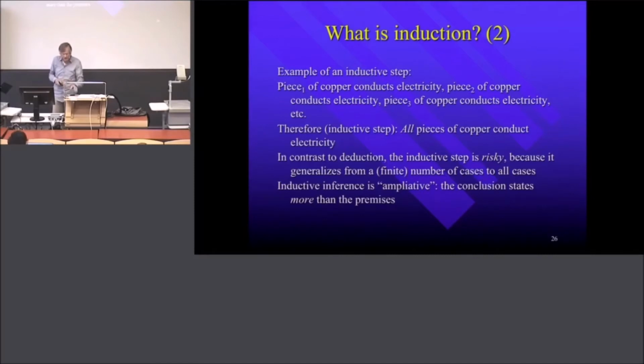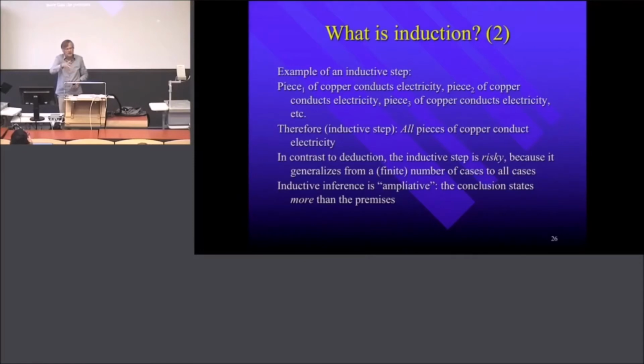A very useful term to remember here is that inductive inference is ampliative. The conclusion states more than the premises. The conclusion is richer, it says more than the premises, and that's of course not necessarily true if the premises are true. Whereas in deduction, the conclusion does not state more than the premises.